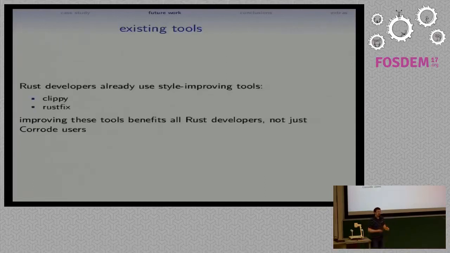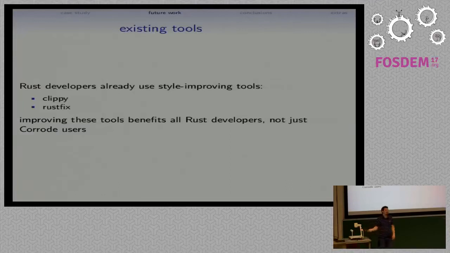But the key thing I want to say about this is that there's already a bunch of tools that Rust developers can use, notably Clippy, which you should definitely check out if you haven't seen it, that are in the category of lint tools for checking different kinds of code style issues, and RustFix, which is a tool for trying to automatically apply the fixes for you.